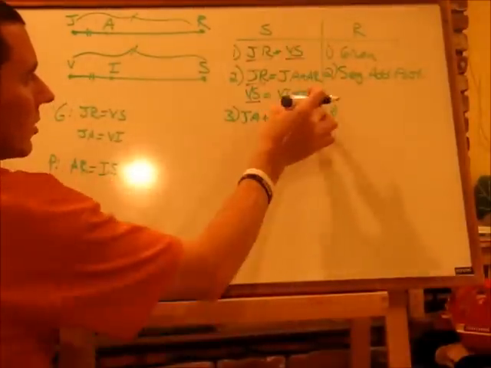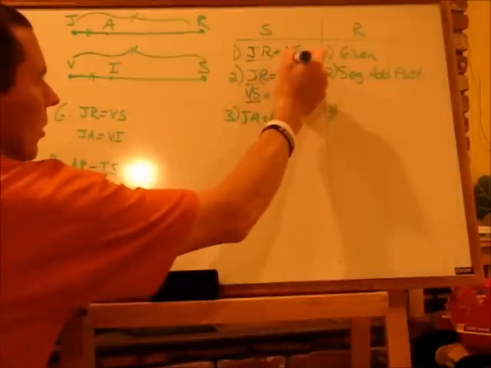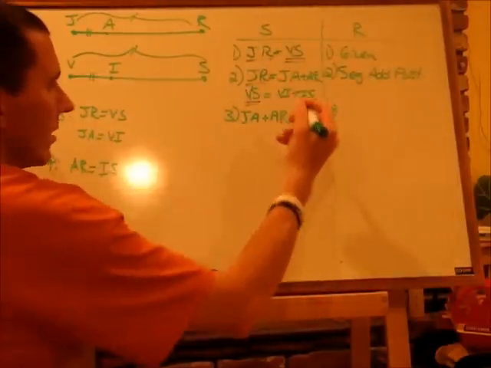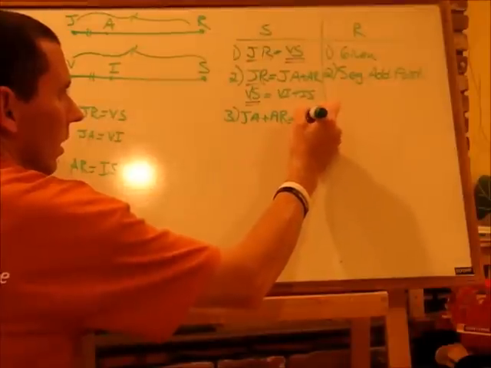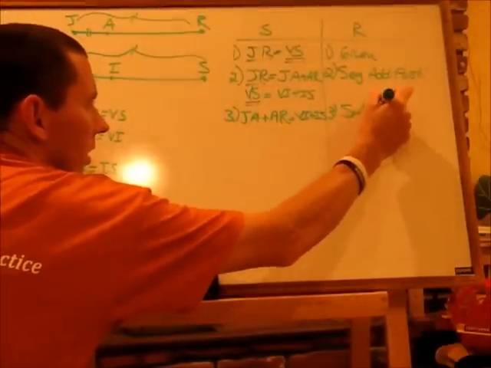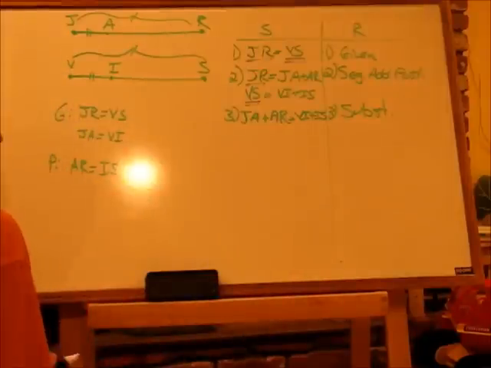VS and VS. I can substitute, let me put two lines there just so you can see that they're the same, I can substitute VI plus IS in its place. Again, we just used the substitution property.